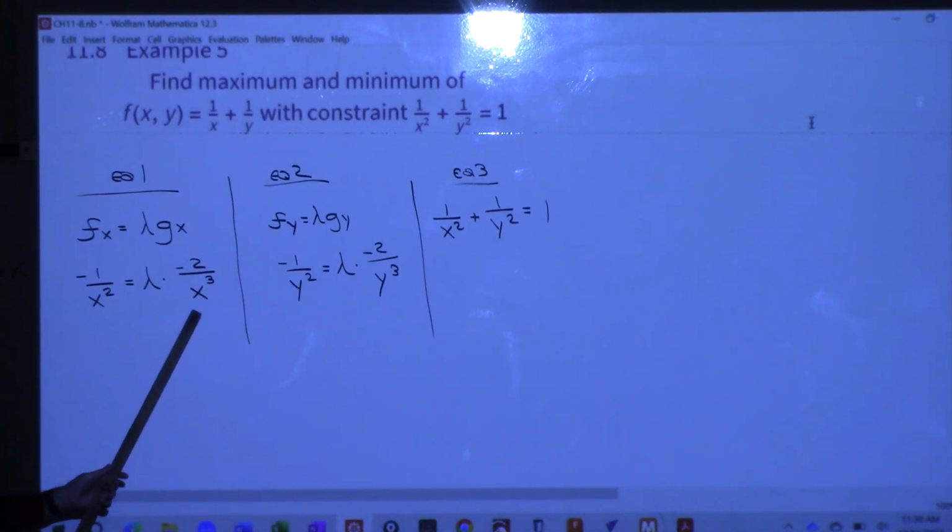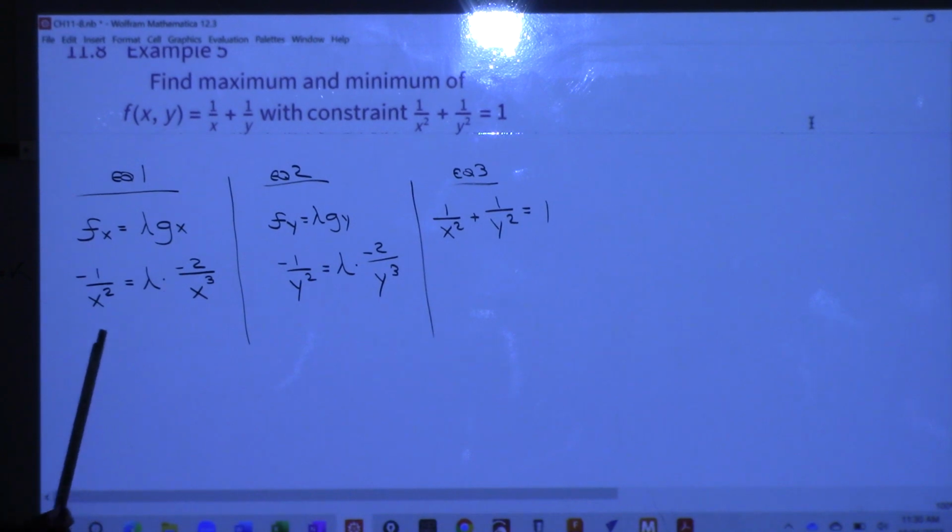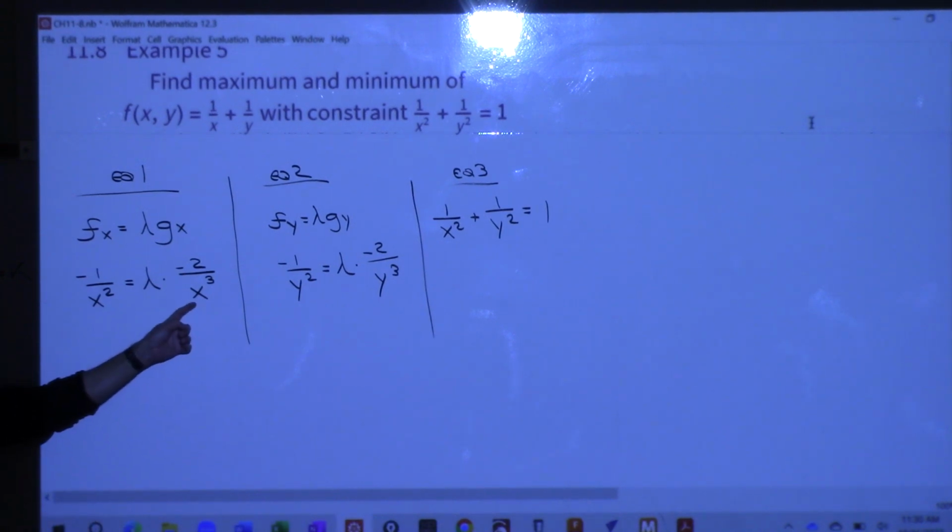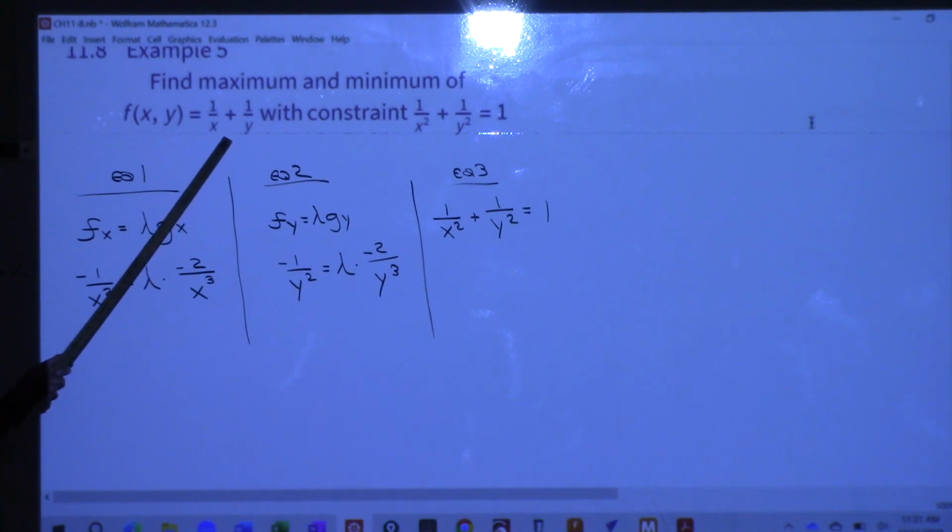Yes, but when you divide by this, it's the same as multiplying by the reciprocal, right? So you are actually multiplying by x cubed. So we have to assume it's not 0, right? Or do we? For this problem, do we really have to say x can't be 0? It's implied in the domain of the original function that x and y aren't 0.